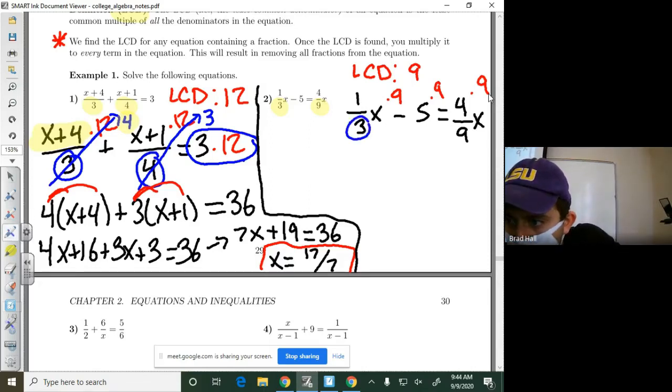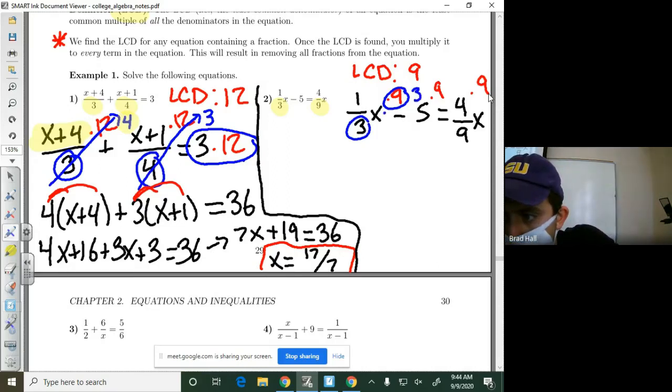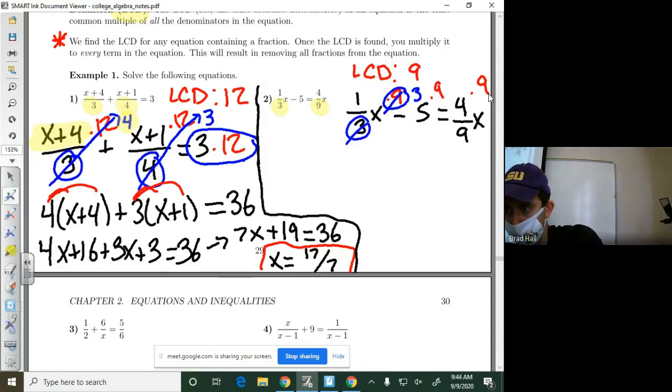So here we have the 3 and the 9, and one's in the numerator, one's in the denominator. So naturally, this is a ratio. So 9 divided by 3, it's just 3. So the way that we can slowly start to build this new equation is to see what's left over.